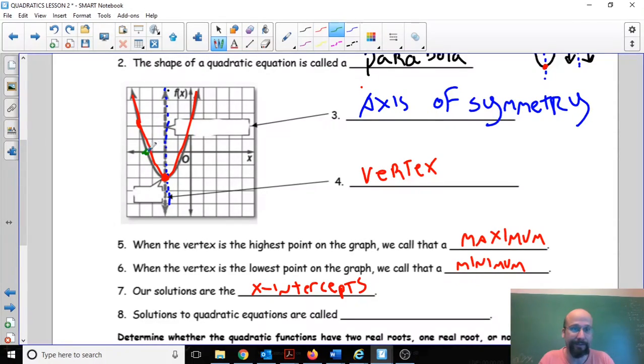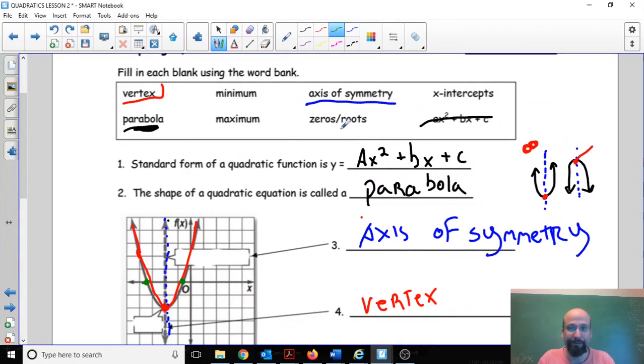In this case, it crosses here and here. Those are the solutions, the x-intercepts. Solutions to a quadratic equation are also called roots and zeros. Also up here. Zeros and roots.